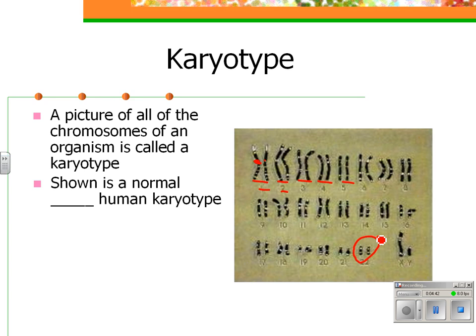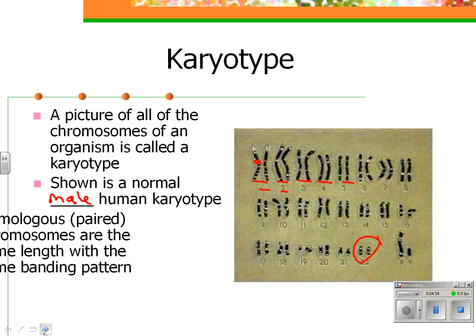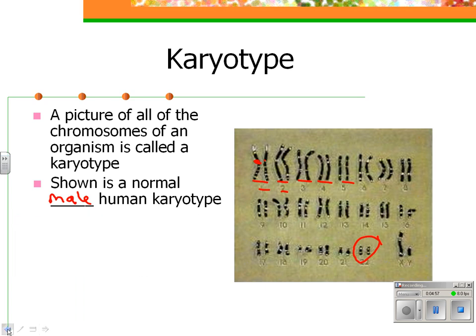Shown is a normal human karyotype. Male or female is the answer there. And the answer to this one is male. How do you know? Well, if you look down here at the last set of chromosomes, males, if you do a karyotype, will end up with two chromosomes that don't look alike.